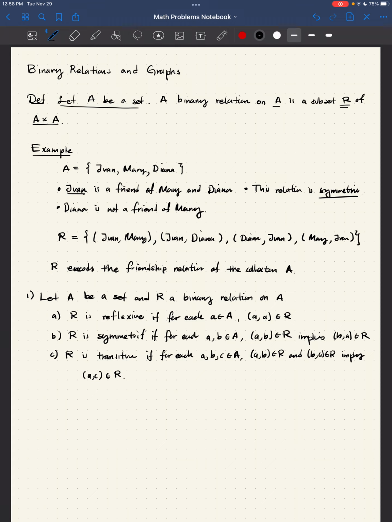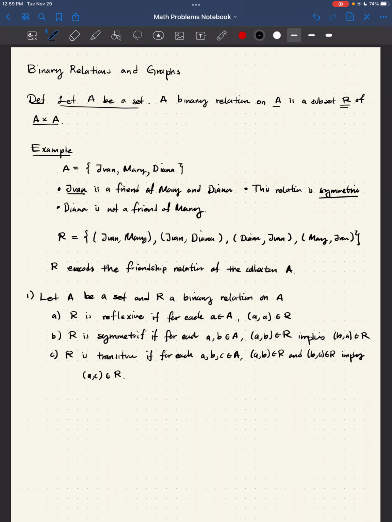Suppose that A is a collection of stations connected with some public transportation. We would say that any two locations are related whenever they're reachable using public transportation. That relation should be transitive, because if you can reach point a to point b, and you can reach point b to point c, then you should be able to reach a to c.